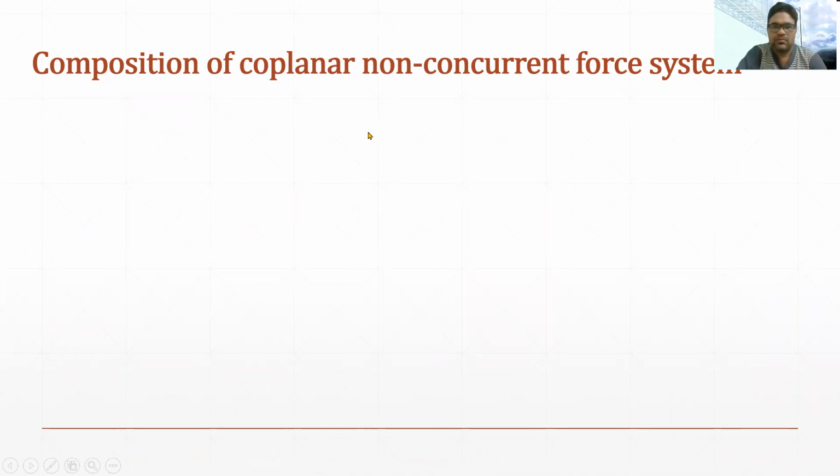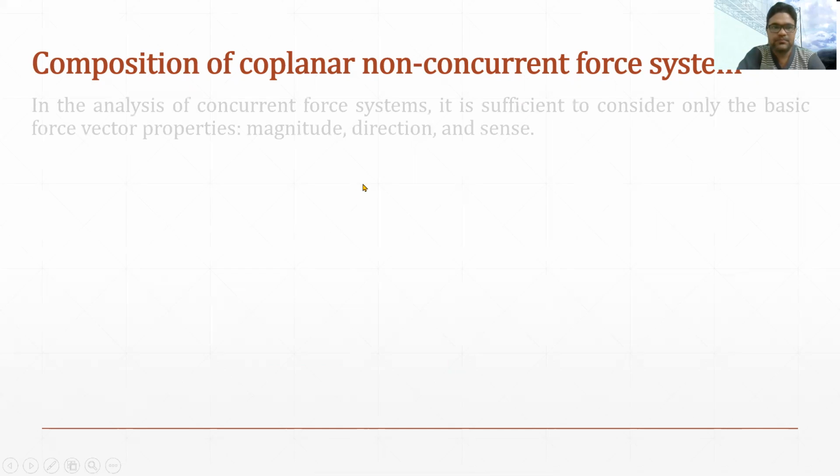Now, when we have non-concurrent forces, how do we find the resultant in that case? Well, in case of non-concurrent forces, another aspect of the force comes into play, which is called the moment. So we will now understand more about it.